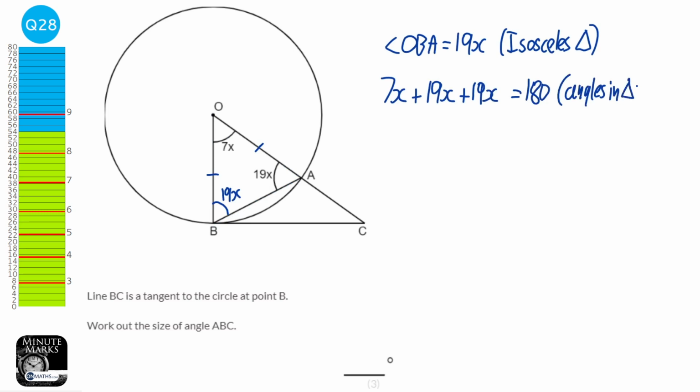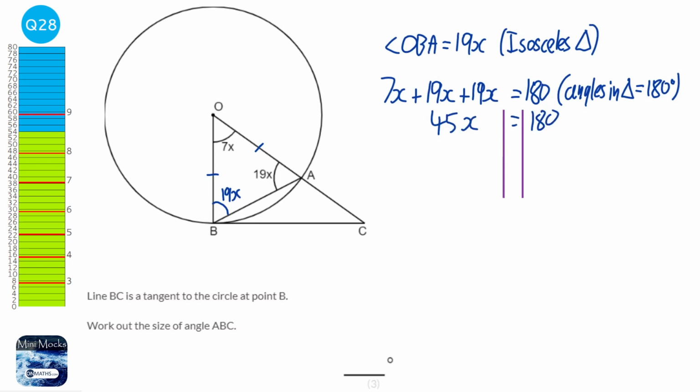Try and write out these reasons in full. Okay, so that's going to be 45x equals 180, and let's get our solving lines in, and we're just going to divide both sides by 45. Okay, so we've got x equals 180 divided by 45, which is 4.